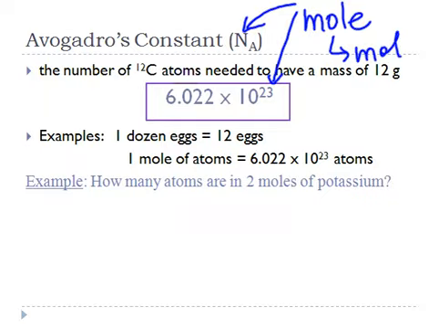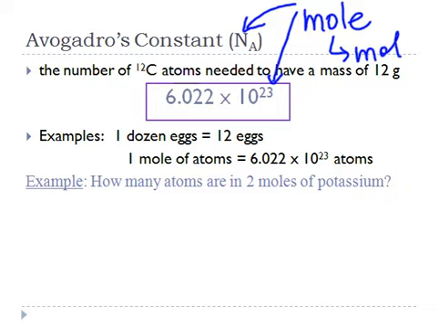So when I ask you to make sure you put your units in, the symbol for mole is just MOL. So examples, like I said before, if you have a dozen eggs, you know you have exactly 12 eggs in your carton. So what you're learning now is that if you have a mole of atoms, you actually have 6.022 times 10 to the 23 atoms. So let's start to think about that in terms of calculations.